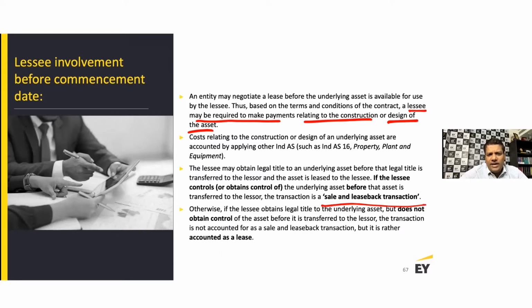Otherwise, if the lessee obtains legal title to the underlying asset but does not obtain control of the asset before it is transferred to the lessor, the transaction is not accounted for as a sale and leaseback. It is accounted for as a lease. If you never had control, then you were never in substance the owner of the asset. Then there is no question of this being a sale and leaseback. This was a vanilla lease agreement.